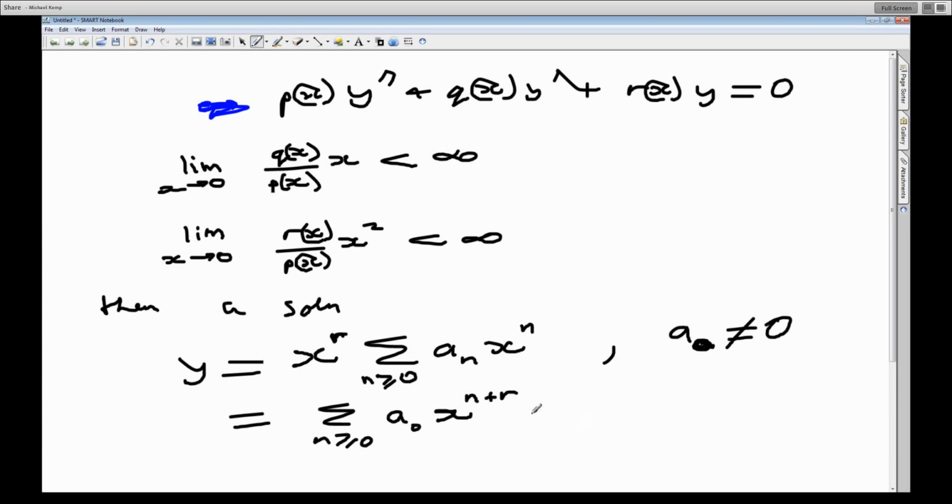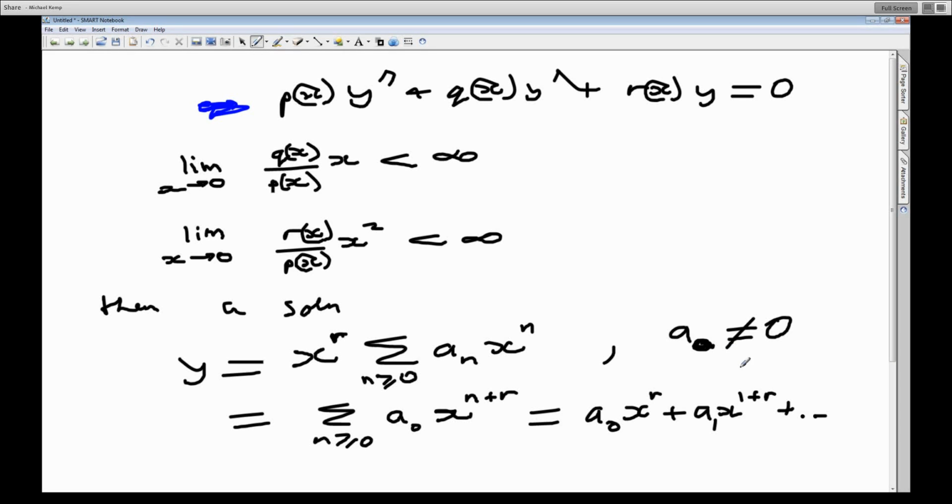And so the first term is a₀ x^r. Next term is a₁ x^(1+r), etc. I'm just making sure that the bottom term really is just a constant times x^r. That's why I want to make a₀ not 0.